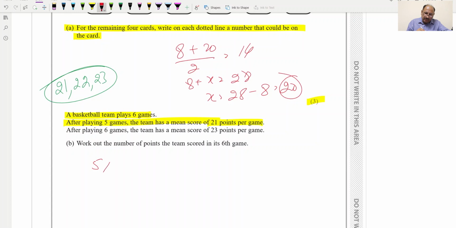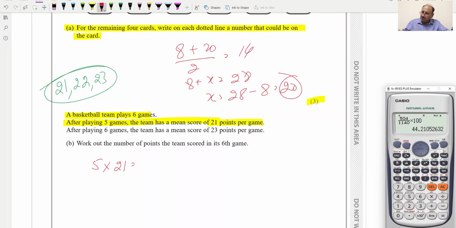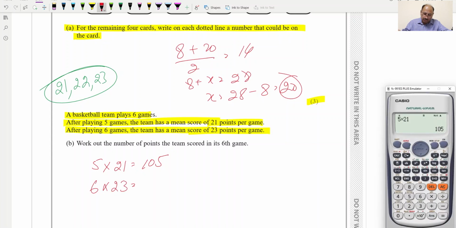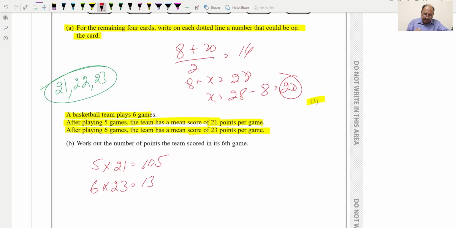So 5 games and mean is 21 points, so 5 multiplied by 21 is equal to 105, and then we will be going ahead. After playing 6 games, the team has a mean score of 23, so for the 6 we can multiply by 23, and 6 times 23 is equal to 138.